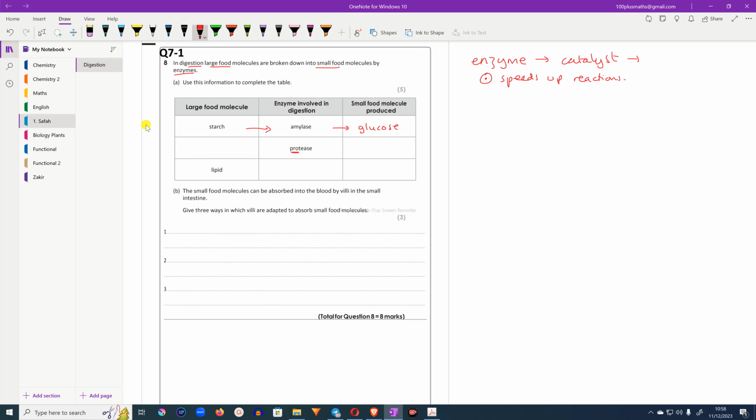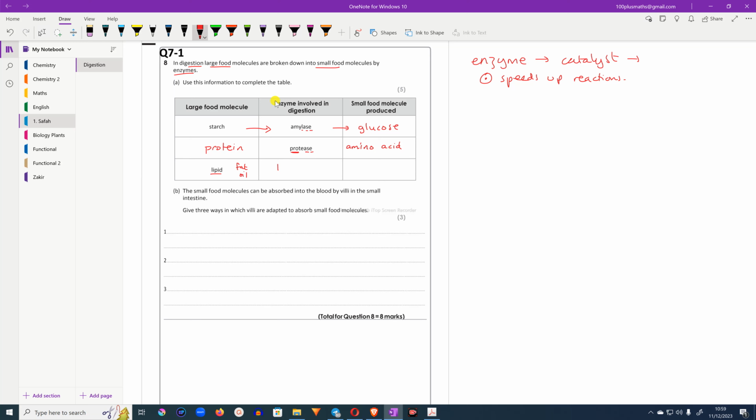Protease is to do with proteins. Remember the ases. Right, so it'll break down protein, and what did we say? It breaks it down to, right, I prefer to write amino acid here. We can check if it allows peptides. Yeah, it allows all three. You can put peptides or polypeptides, but amino acid is the safest one. Lipid, remember we said, is look at it as a fat or oil.